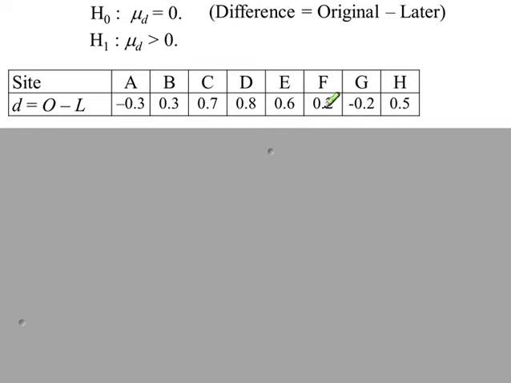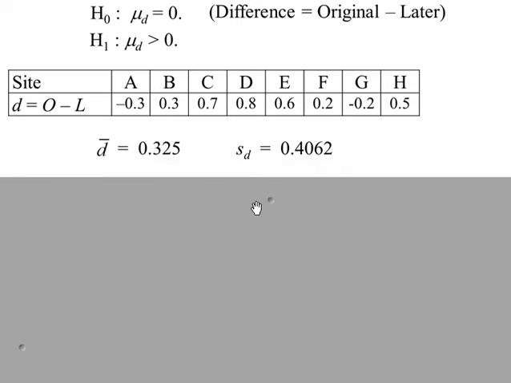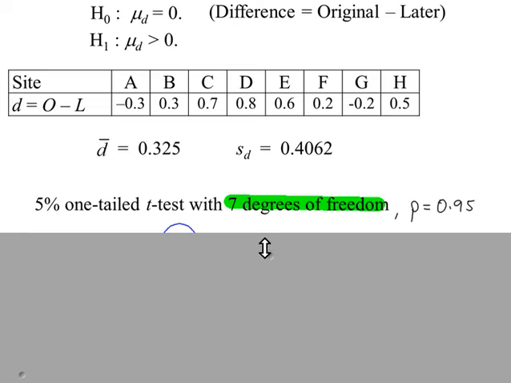It's not crossed out, but we don't have any difference of 0 here. So putting this into your calculator will give you a mean and standard deviation for the differences. There are 8 pairs of values, and 8 minus 1, n minus 1, gives us 7 degrees of freedom.